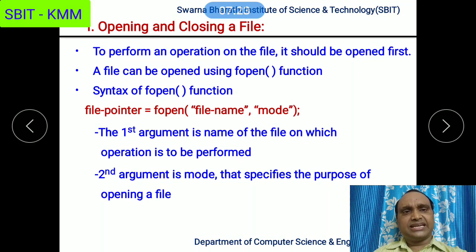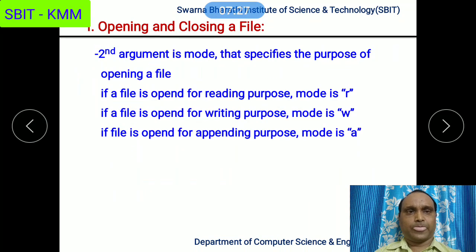Now let us concentrate on the second argument of the fopen function. As I already told, it is used to tell the purpose of opening a file. If you are opening the file for reading purpose, then the mode must be mentioned as R. Inside the double quotes in the second argument, you write the character R, which tells the operating system that you wish to open the file to perform a read operation.